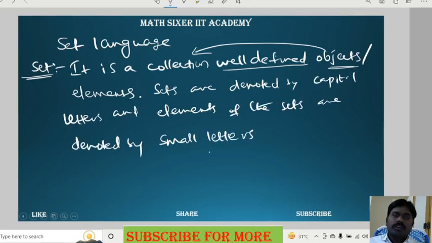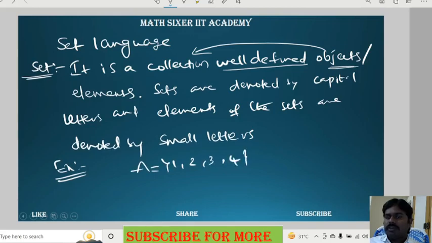Okay, so let us see one example, and with that example it is very clear to understand about set. I already told you that sets are always denoted by capital letters. So here I am taking capital A, a simple example, consisting of the numbers 1, 2, 3, 4.